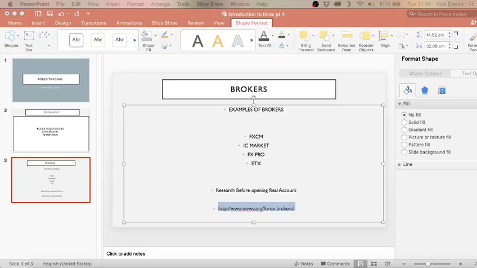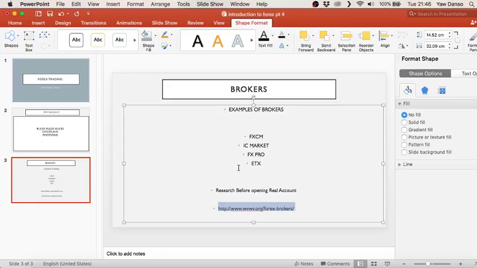I put these 4 because those are the ones that I've used most. When I started, the academy that I went to recommended FXCM because that's the platform that we use to study. After my studies at the academy, that's the broker I started using.